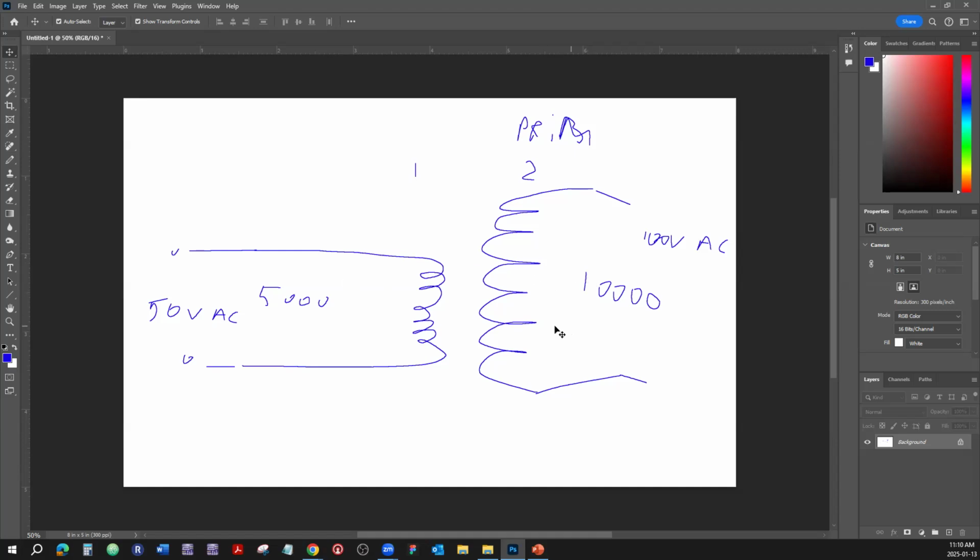Then the secondary winding is capable of having the same amount of power that's on the other one. So the transformers transform some things, but they transfer others. Whatever is kept from one to the other is power.